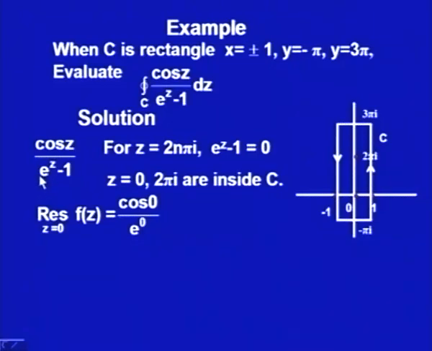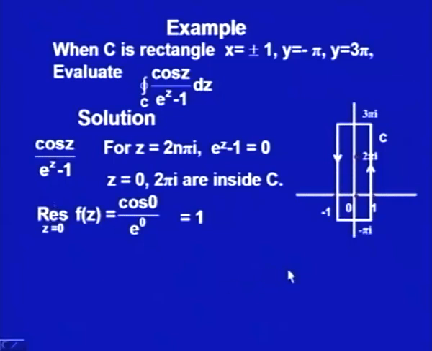So, at z is equal to 0, p at z naught is cos 0, and q dash at z is equal to 0 is e to the power 0. Since e to the power 0 is 1 and cos 0 is 1, I get 1. So, the residue at z is equal to 0 for this function is 1. You can check that these are also simple poles.